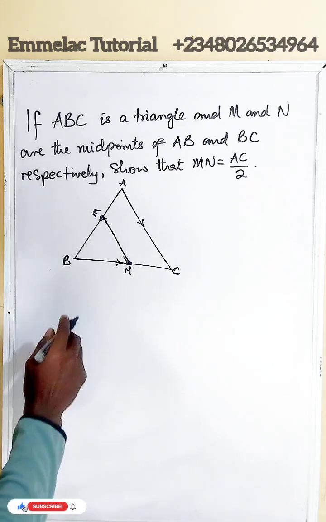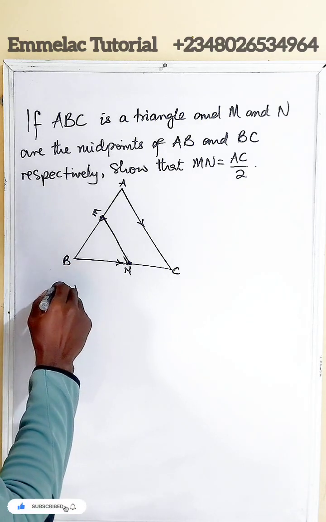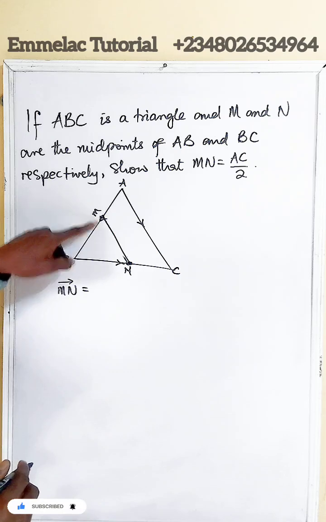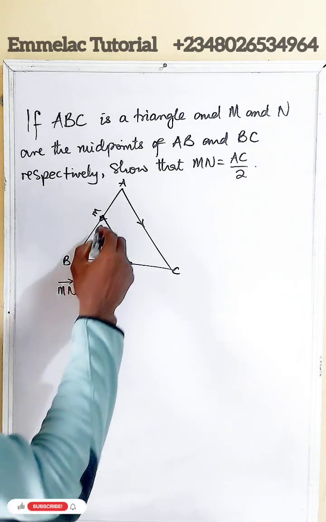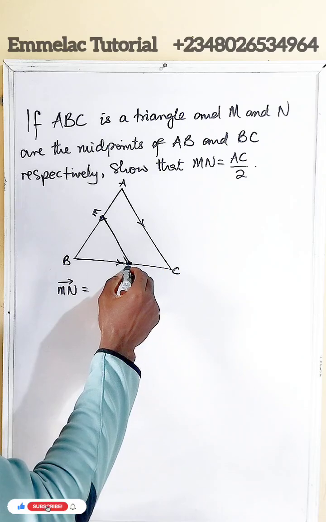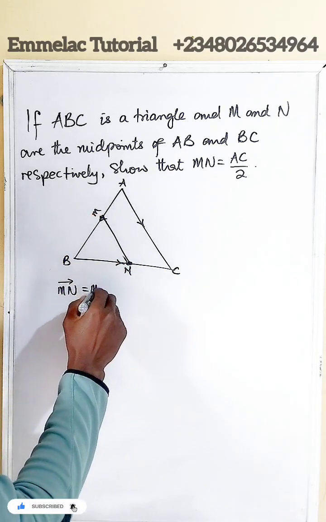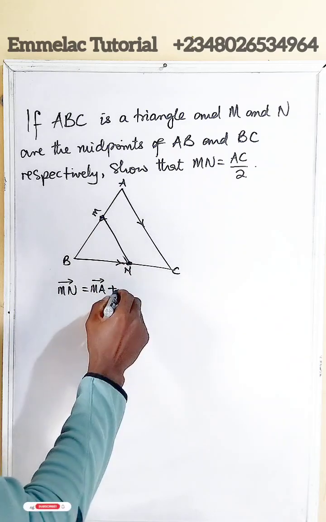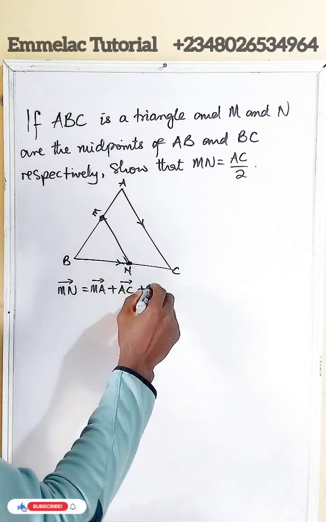Now, let us find the vector for MN. For you to start from M and end at N, you have two options here. Either to go this way, and this way, which will be MA plus AC plus CN.